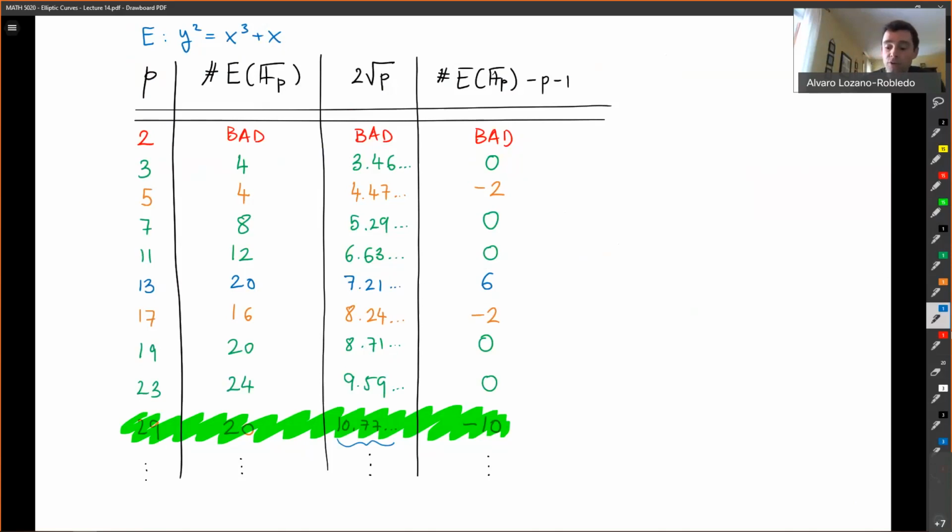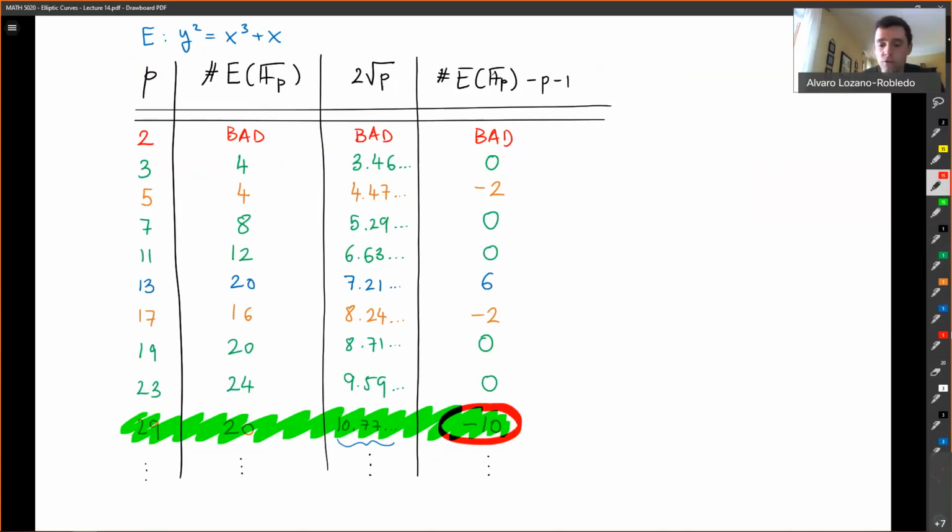And in absolute value, that is exactly what happens, okay? The error is exactly 10 in absolute value. So we call that a maximal prime, but it's just an example that shows you that the Hasse bound is best possible. Okay, that error given by the Hasse bound can actually be attained.